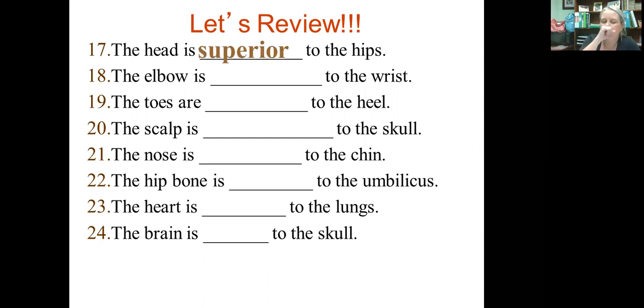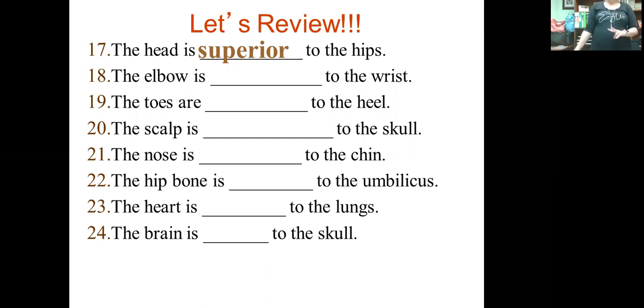All right, your elbow is what to your wrist. So remember, again, if you're in an anatomical position, and hopefully y'all can still see me, your elbow to your wrist. Now, remember what I said in the notes? I said that if you were looking at your arm or your leg, you're typically going to use the terms proximal and distal.